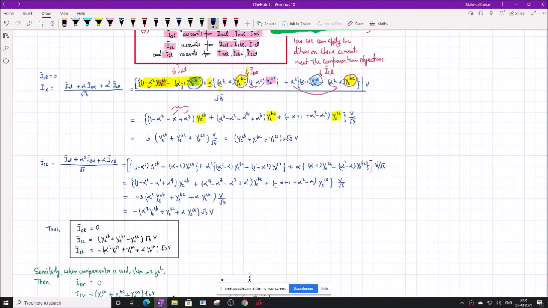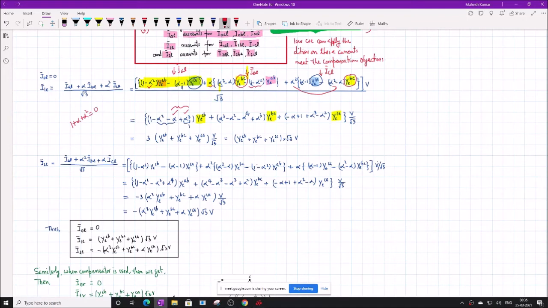Now we see these terms of each admittance. Okay, 1 minus alpha square minus alpha plus alpha cubed, which is the same as 1. So 1 plus 1 is 2, and minus alpha square becomes again 1, because 1 plus alpha plus alpha square equals 0.